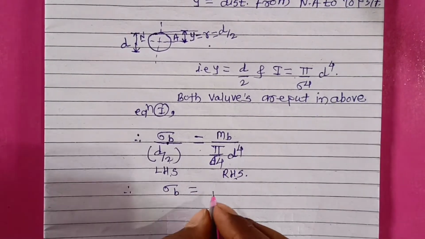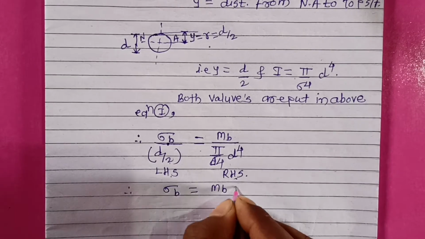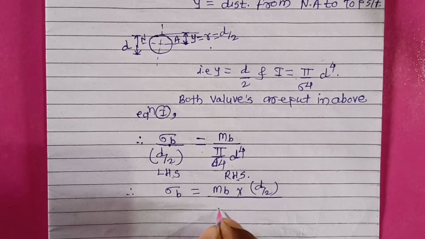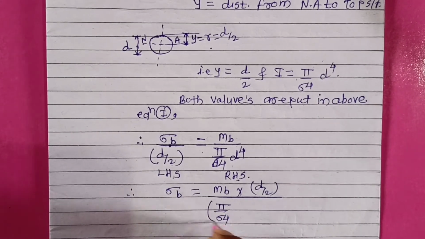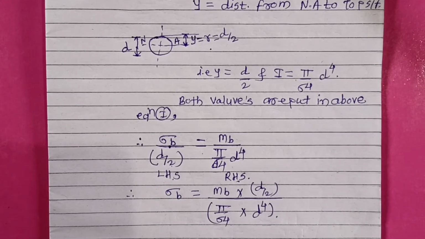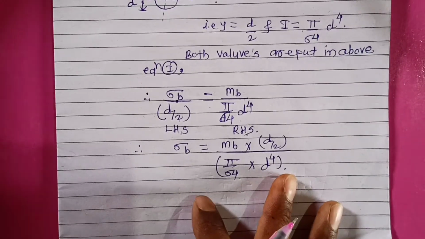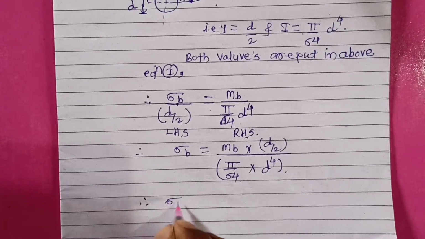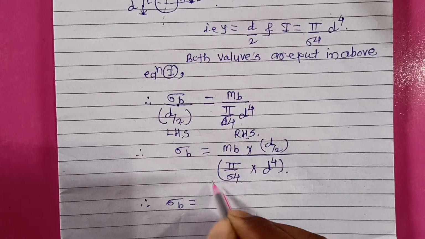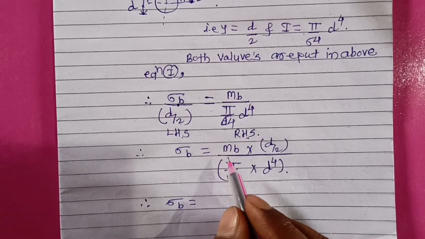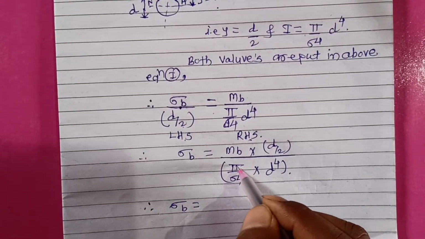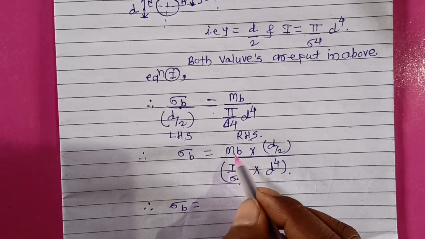Then rewrite the terms: mb into d by 2 divided by pi by 64 into d raised to 4. Then recalculating, sigma b is equal to, the denominator becomes numerator, and the numerator becomes denominator.